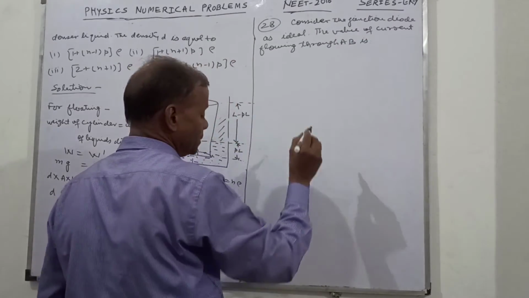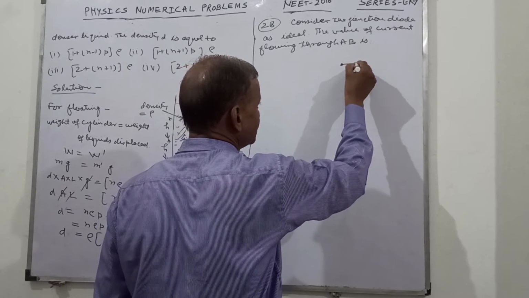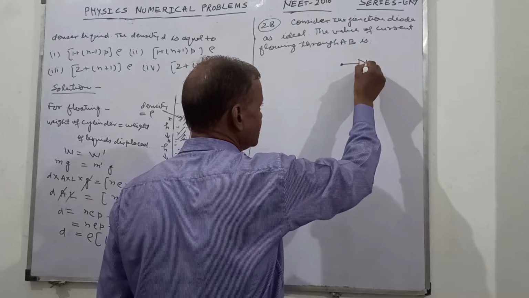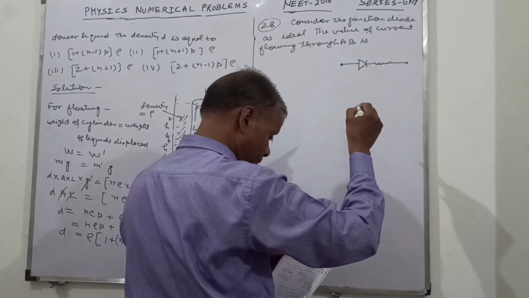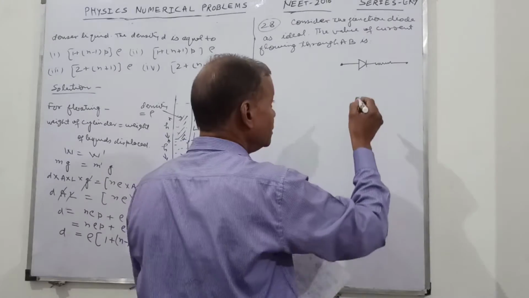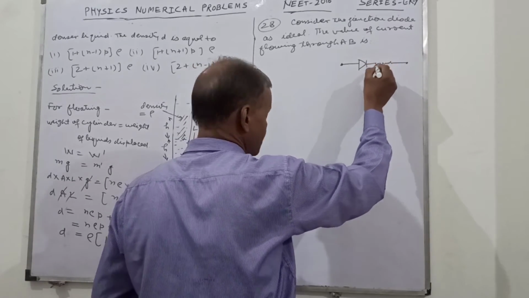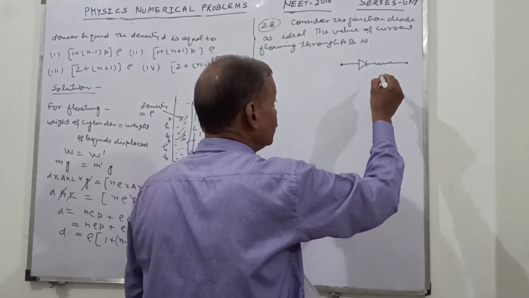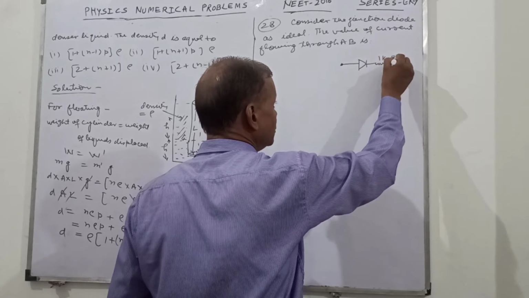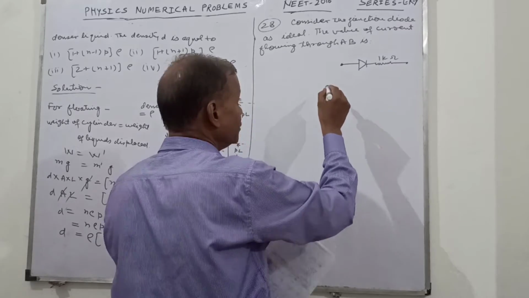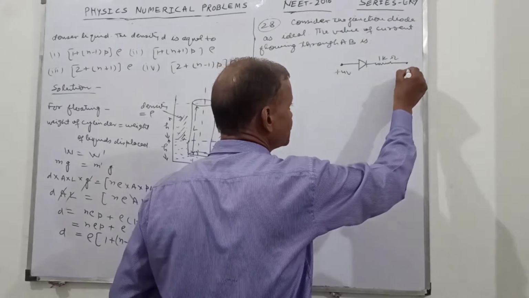Now options. Now here we are given in the figure that this is now wire AB, this is a wire of 1 kilo ohm. This is given, plus 4 volt and here is minus 6 volt.